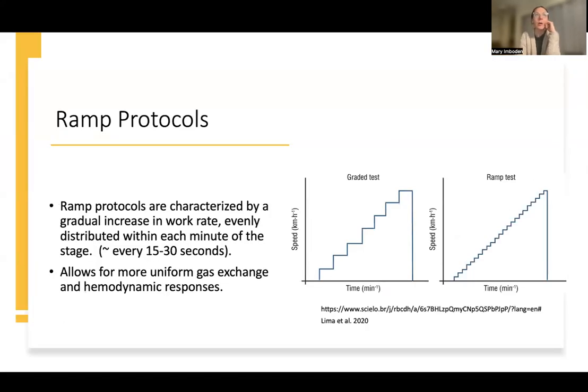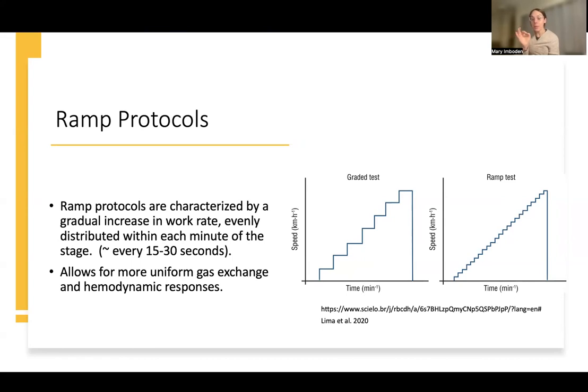And then we're seeing more and more ramp protocols being used. What I really like about ramp protocols is that they allow for more uniform gas exchange and hemodynamic response. In this image, each stair in the one on the left is bigger, meaning you're having a greater change in intensity or workload between stages. Each stair is a stage.